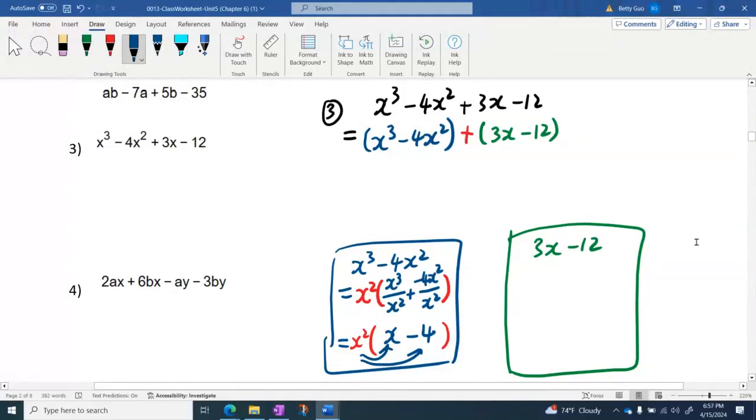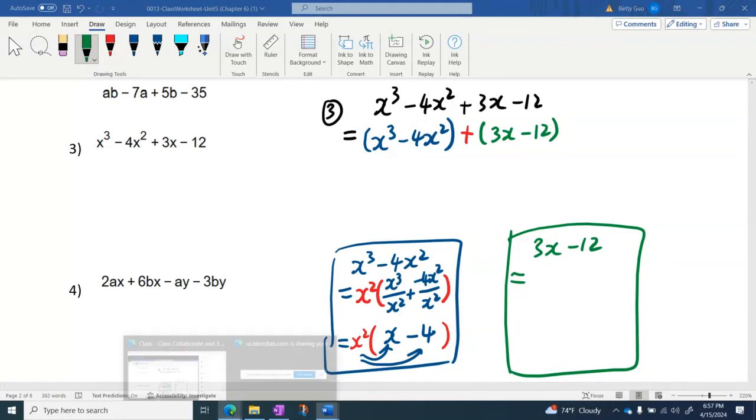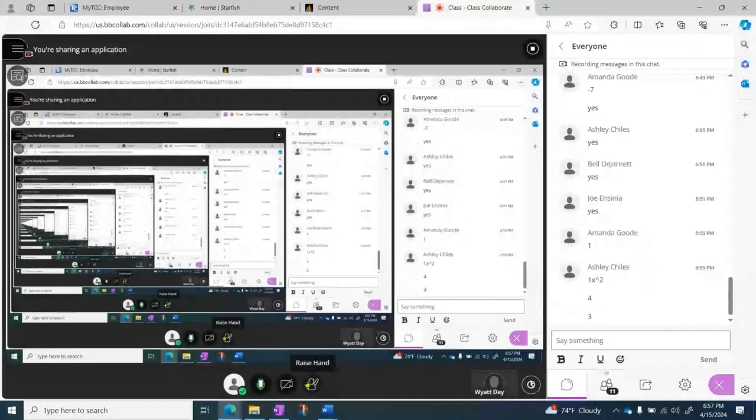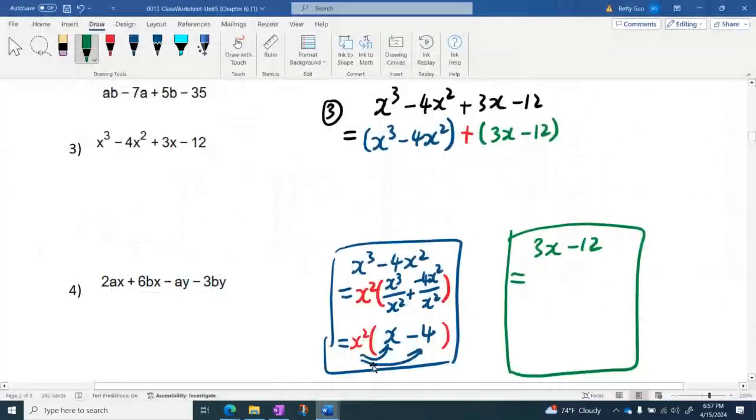And we're going to do the same thing to the green box. In the green box, we also have 2 terms, 3x and negative 12. Please help me to find the GCF of them. 3x and negative 12. It's 3. Very good. Perfect. It is 3.